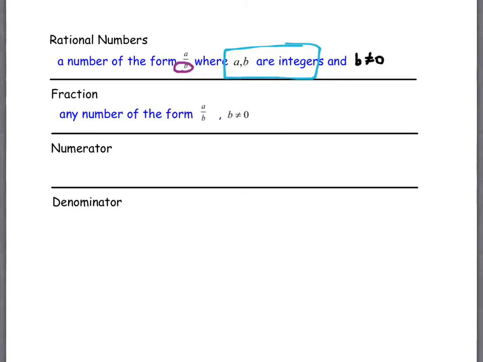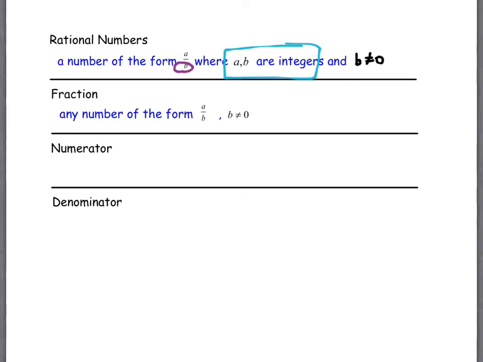If you have something that is not able to be written as an integer, like the square root of 2, pi, right? Those are irrational numbers. They're numbers that are not able to be written as a whole number or an integer. That's when you have something that's simply called a fraction.